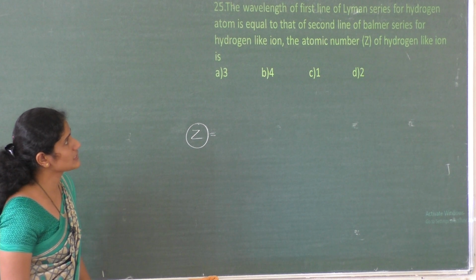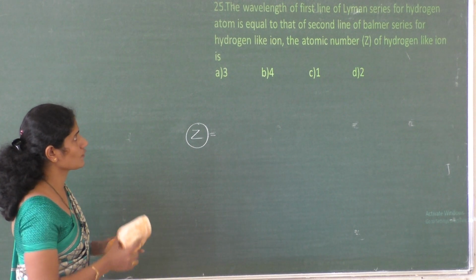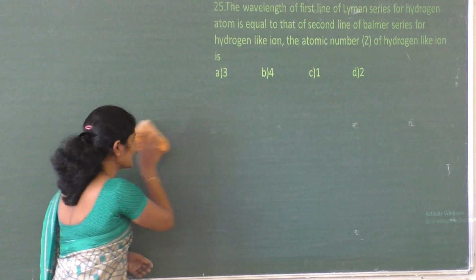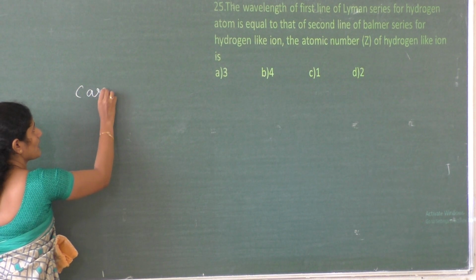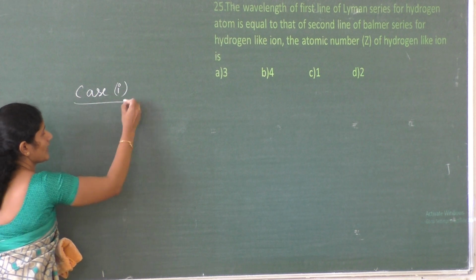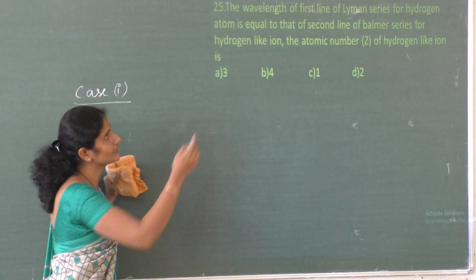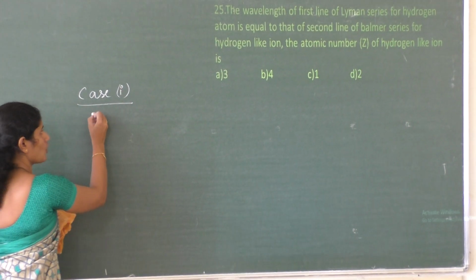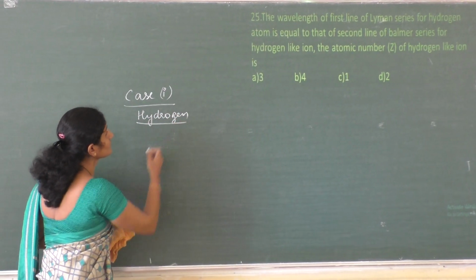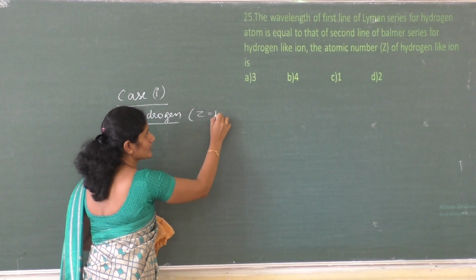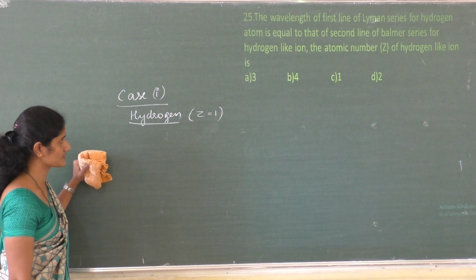The wavelength of first line of Lyman series is equal to that of the second line of Balmer series for hydrogen like ion. I will divide this problem into 2 parts, case 1 for hydrogen and case 2 for hydrogen like ion. In case of hydrogen, atomic number Z is equal to 1, and we need the wavelength of first line of Lyman series.